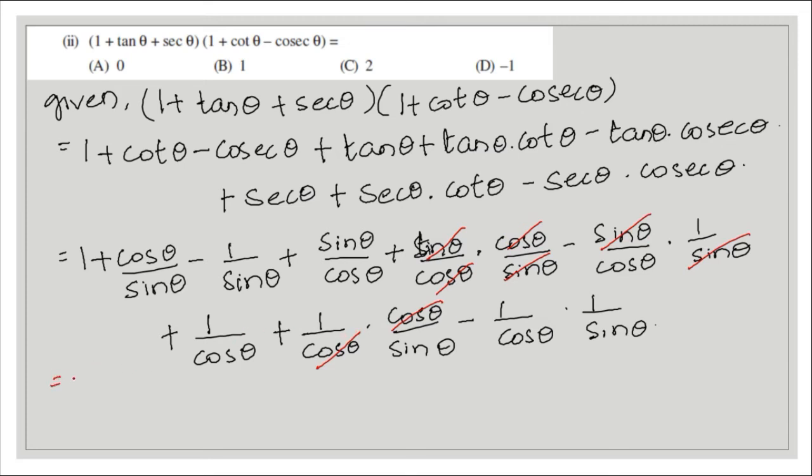The remaining terms are 1 plus cos theta by sine theta minus 1 by sine theta plus sine theta by cos theta.